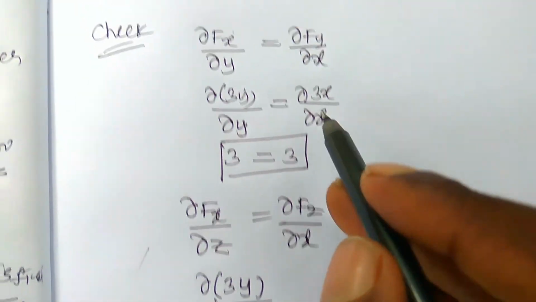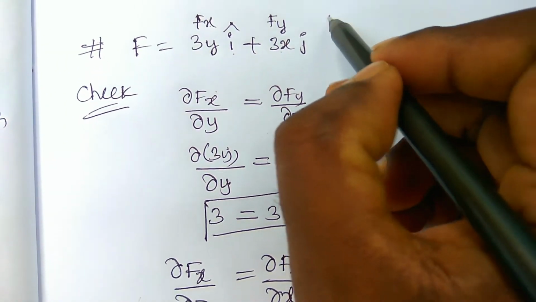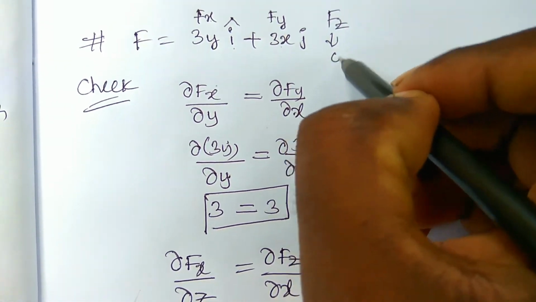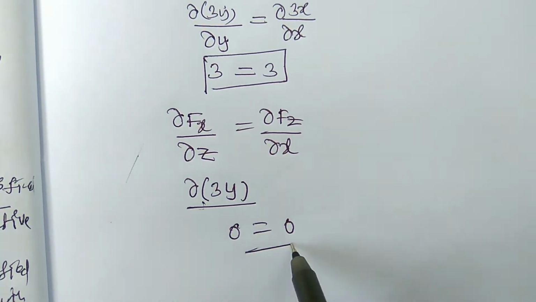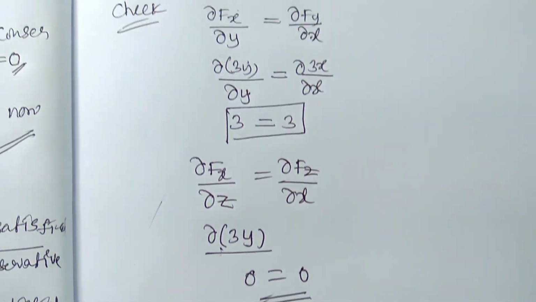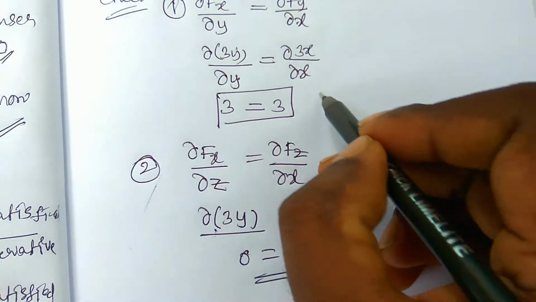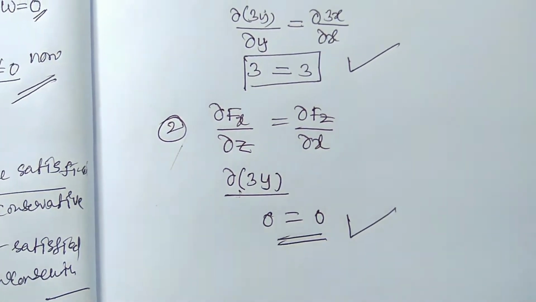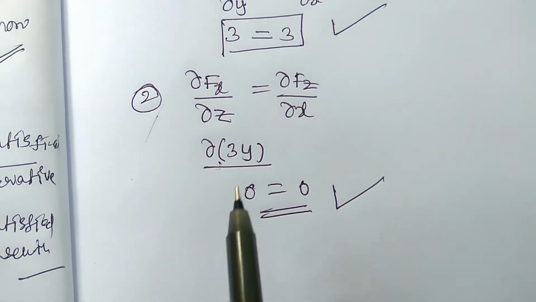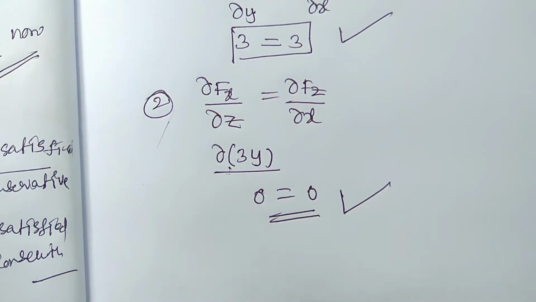Similarly for ∂Fz, there is no Fz here, so we can write 0. So this is also satisfied, because LHS is equal to RHS. Okay.